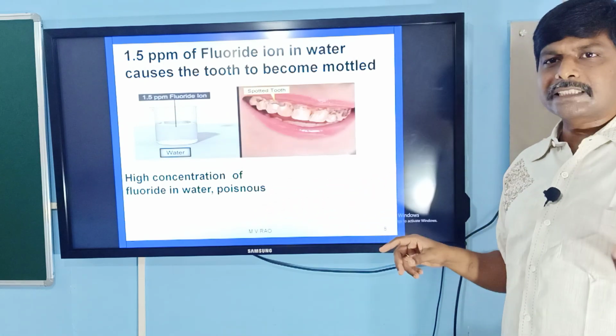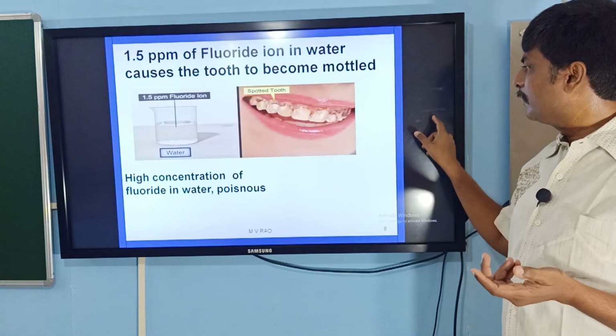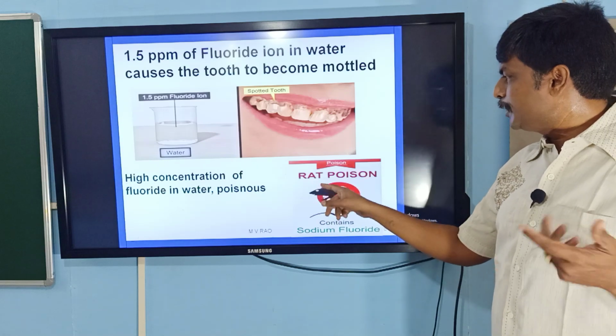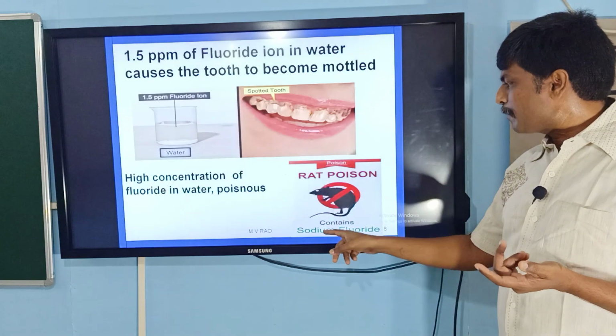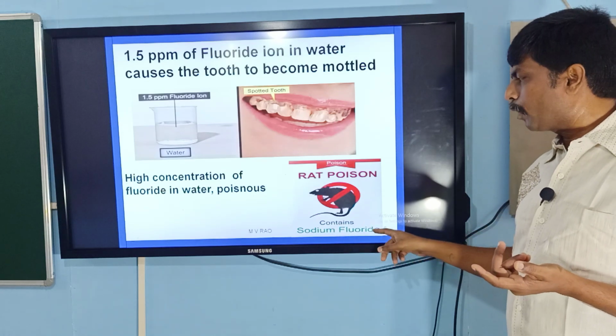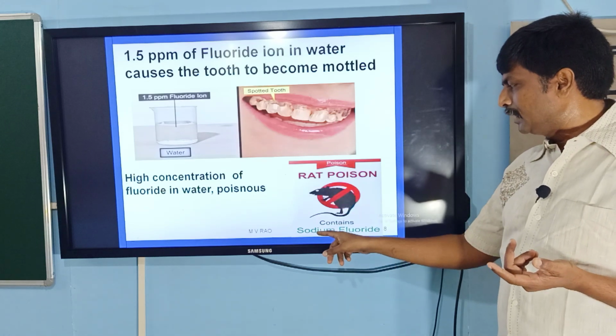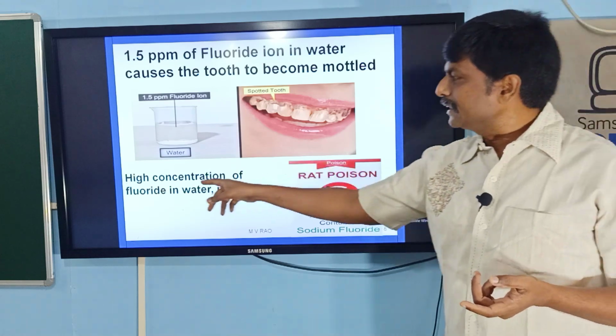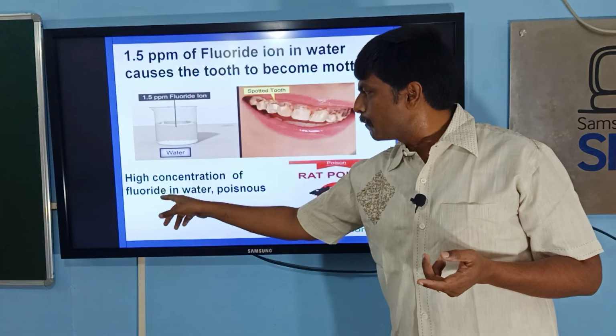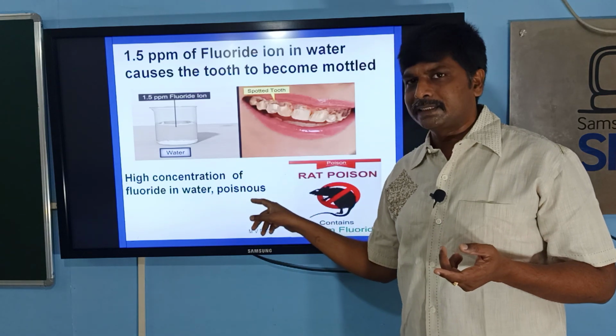So if the fluoride ion concentration is more, it can be used as poison. You can see here, rat poison contains sodium fluoride, NaF. I discussed here that a high concentration of fluoride in water is poisonous.